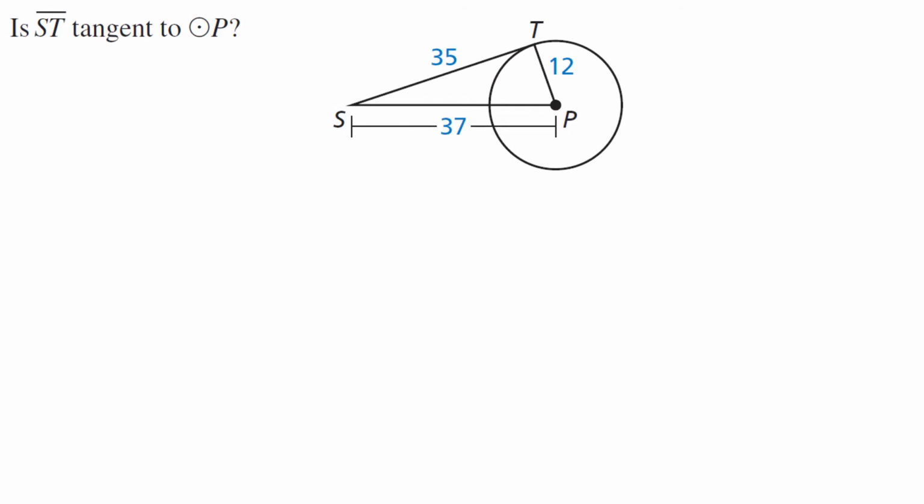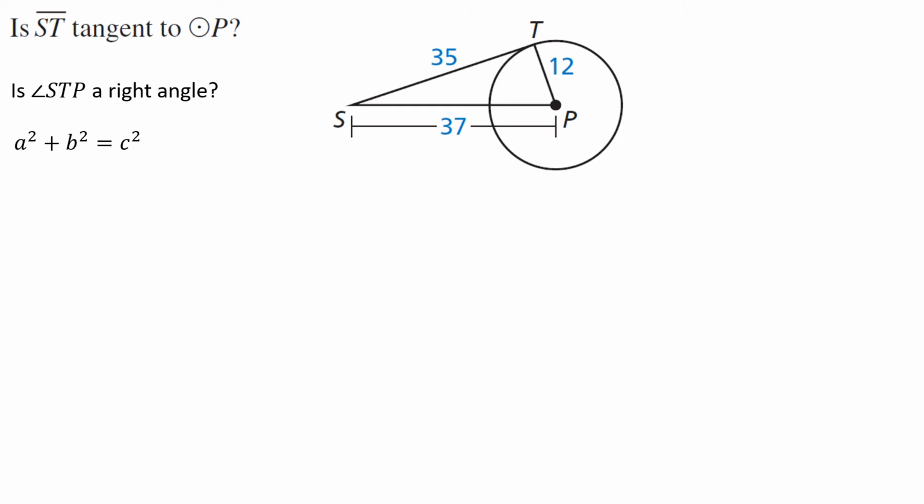First example is line segment ST tangent to circle P. Well, if they are tangent, I know that angle STP has to be a right angle. And of course, if I've got a right angle on that triangle, I can use the Pythagorean theorem.